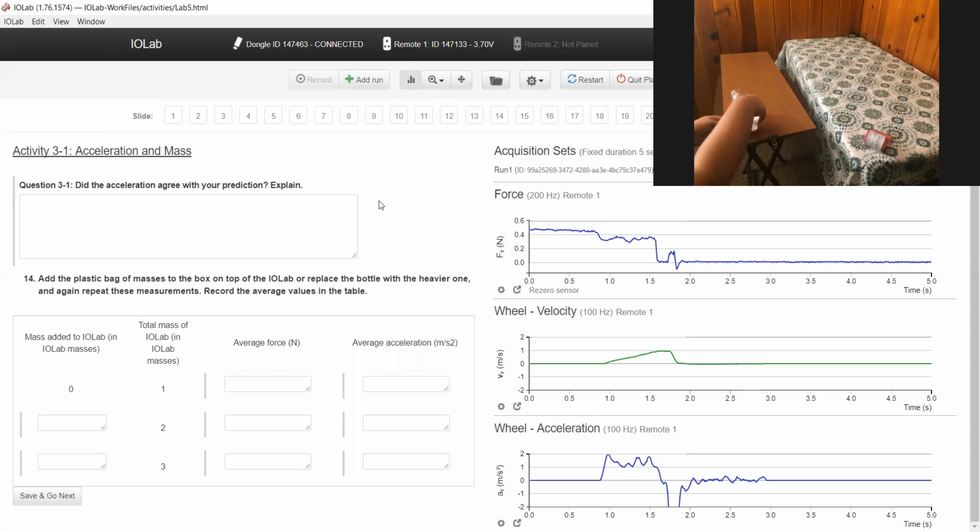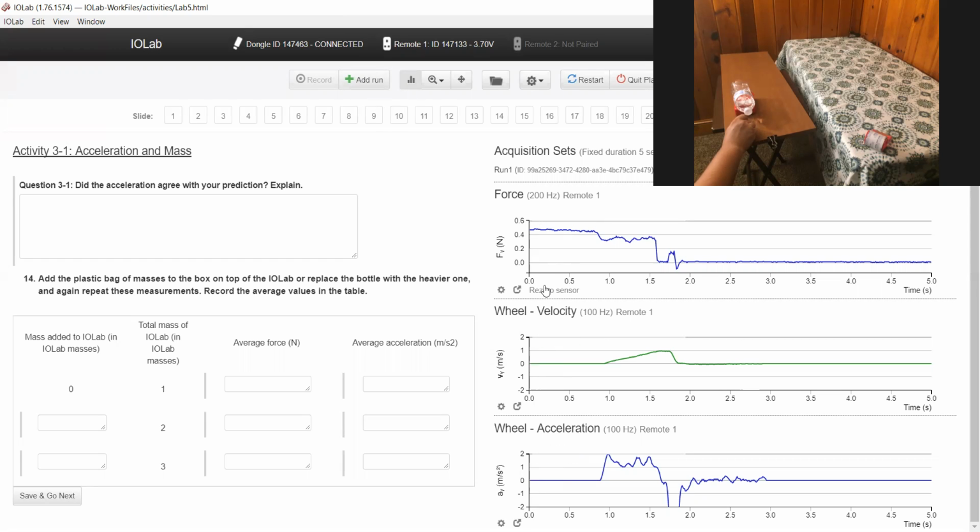Okay, it's paired now. Then I can make it loose and re-zero the sensor. The sensor is zeroed. I can add run and then re-zero the sensor.